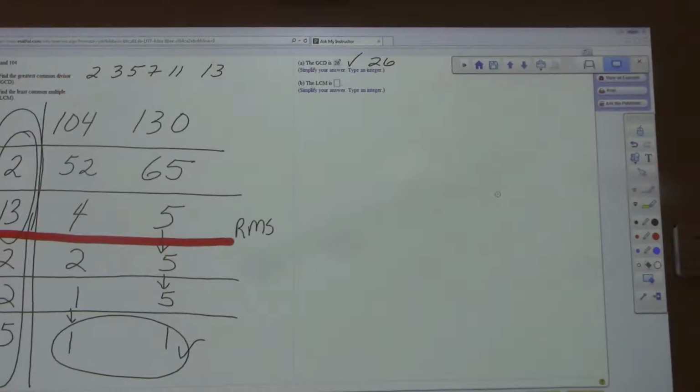The first thing I'm going to do is try to find a 10. And here's a 10 right here. Do we have any other 10s? Nope. So I'm going to take that 10 and multiply by that 13. Why? Because it's easy. And then I'm going to take that 130 and multiply by 4, and that'll give me 520.